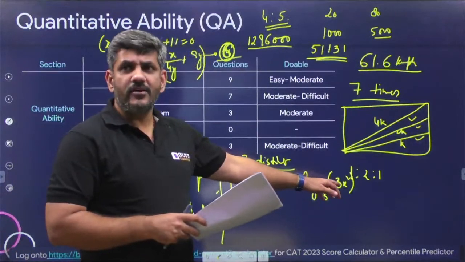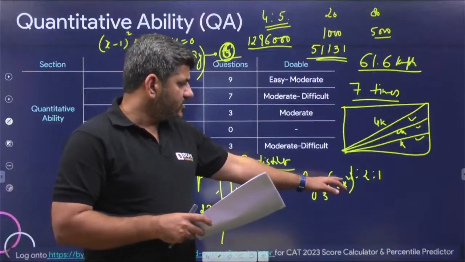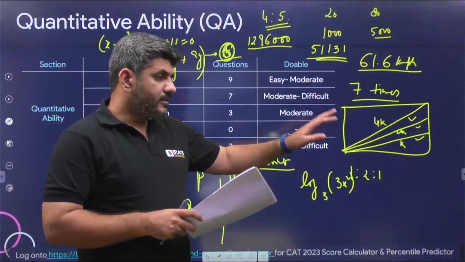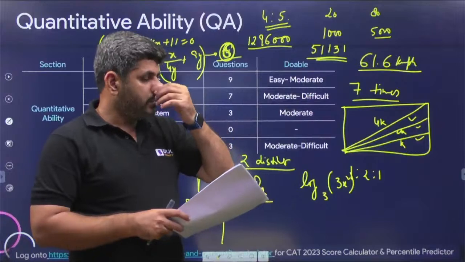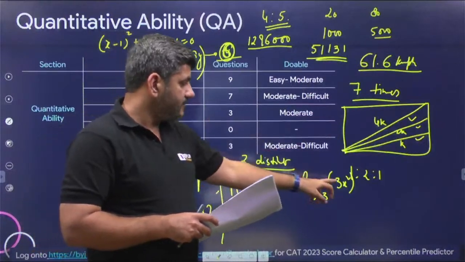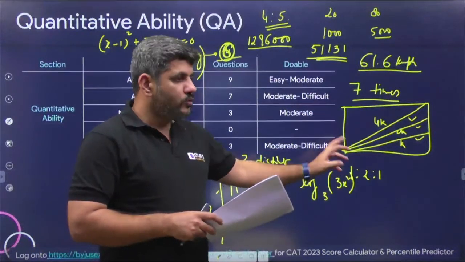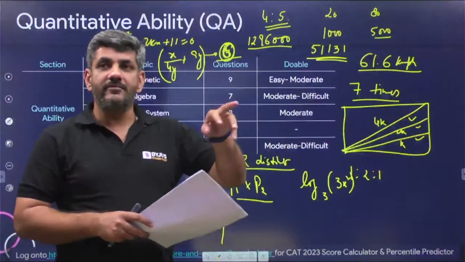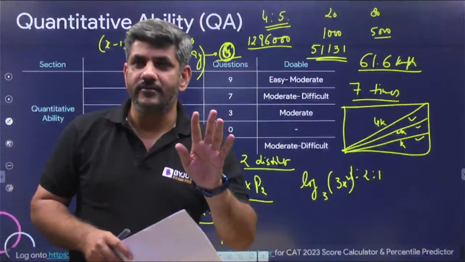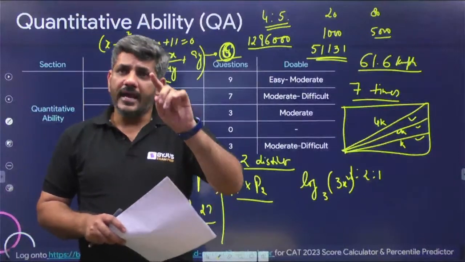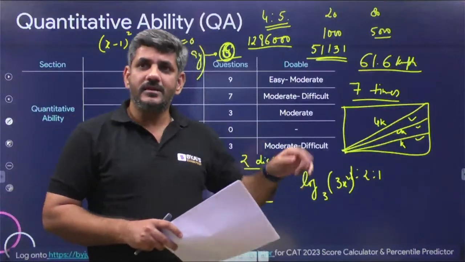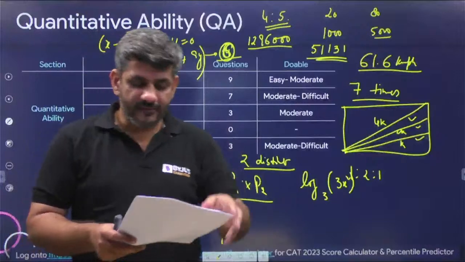Was the answer 7 for this? Yes, 6. I think 6 or 7 was the correct answer, because 16 minus 3 and then plus 2 by 3 was becoming 6. तो 3 into x square बना था आपका 3 to the power 7. I think 7 was the right answer for this question. Do you guys remember it? X square came out to be 6, but 3x square came out to be 7. So 7 was the right answer.